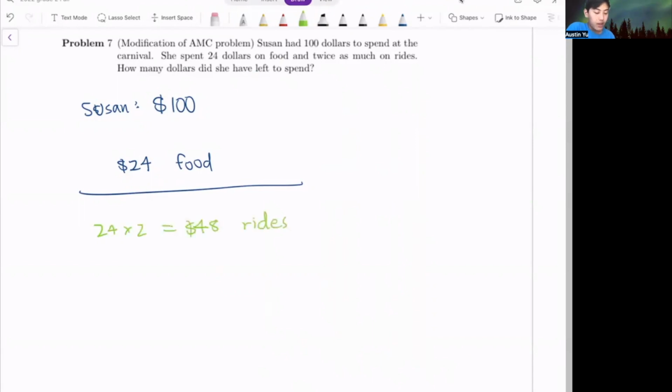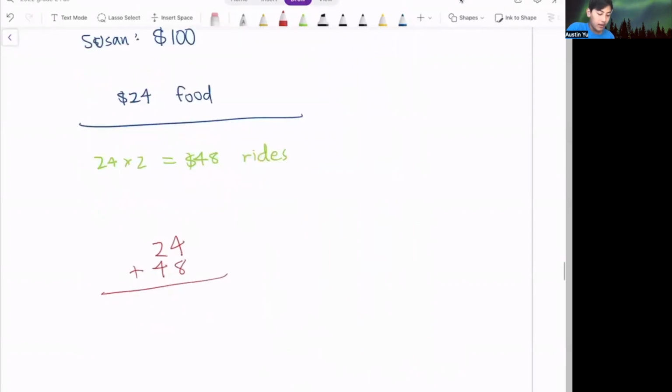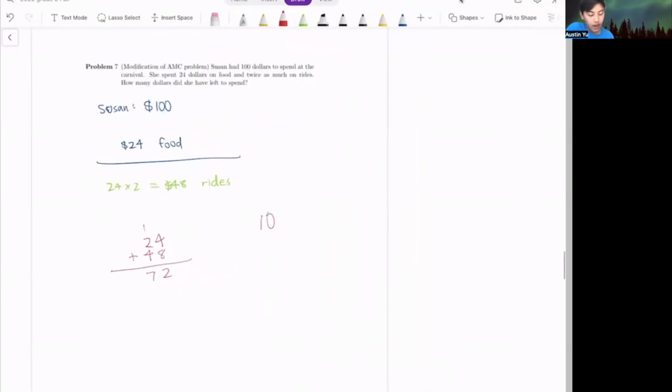Then we add up 24 and 48 together to see how much she spent. 4 plus 8 equals 12. Carry over the 1. 2 plus 4 equals 6, plus 1 equals 7. So $72. And then we subtract 72 from 100 to get $28. So she has $28 left to spend.